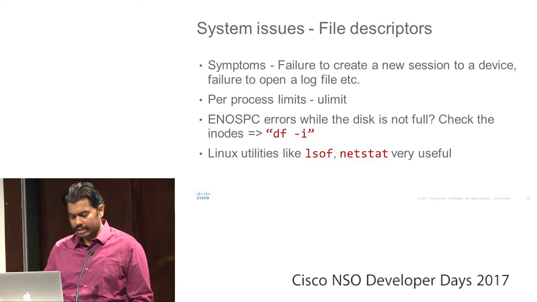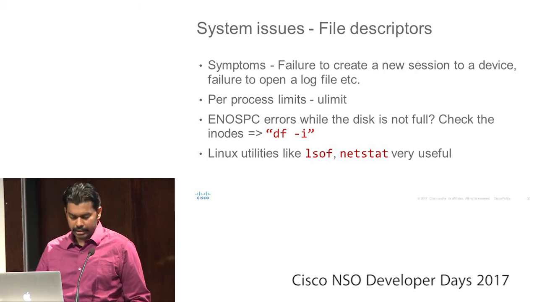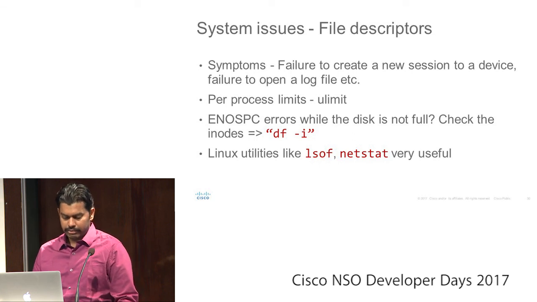And if you don't have any free inodes, that might mean that some process is leaking file descriptors, or some process is generating a lot of probably empty files. And it might be NSO, it might be some other process. You just need to look at what process is doing that. There have been bugs in NSO as well that leaked file descriptors.